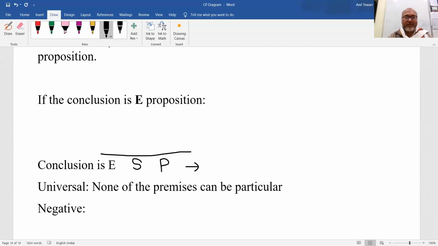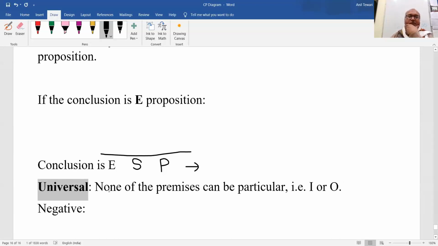None of the premises can be particular, that is I or O. I, O cannot be in the combination of the premises. कैसे पता लगा? E universal proposition है. E is a universal proposition, therefore there cannot be I or O in the list of premises. So either major or minor premise cannot be I or O.